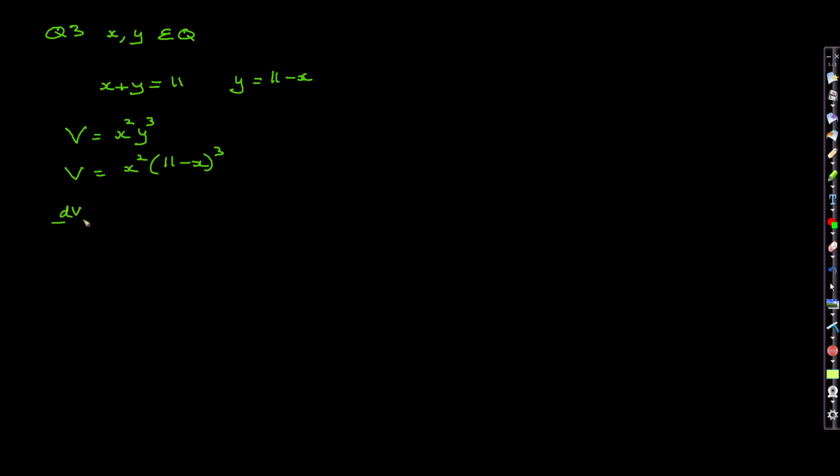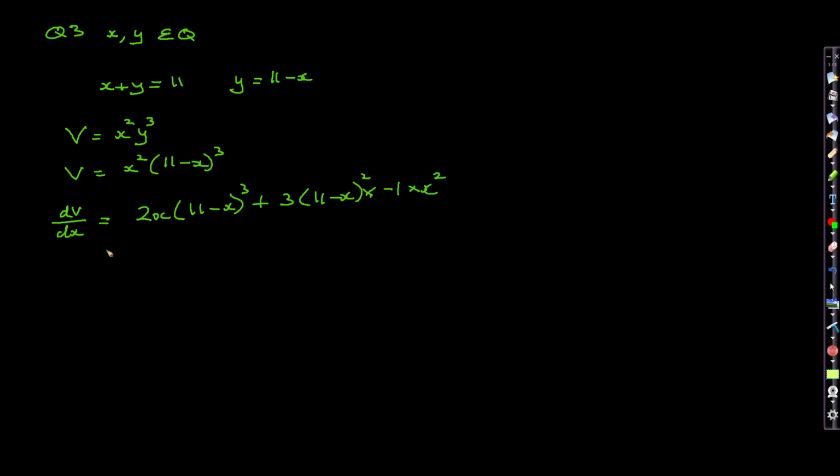So dv over dx, using the product rule, is 2x times this bracket, plus 3 times that bracket to the power of 2, times the derivative of what's inside, which will be -1, times x squared.